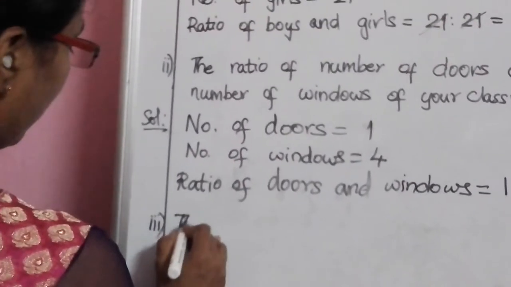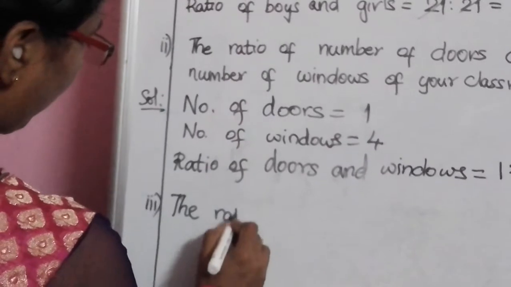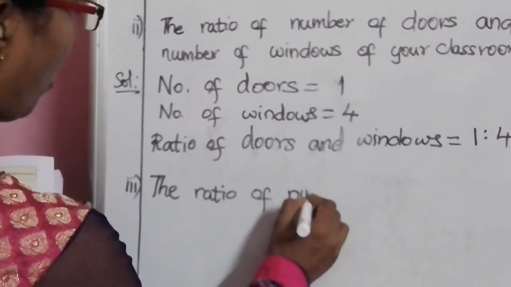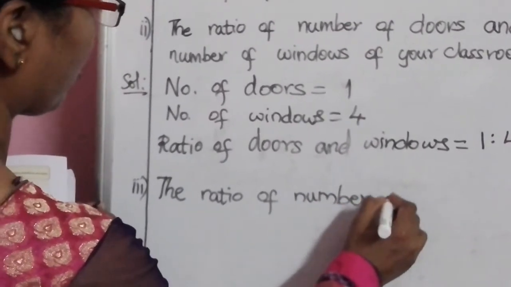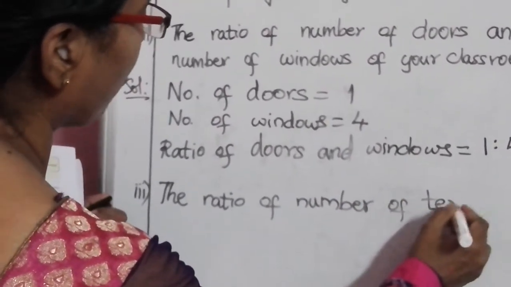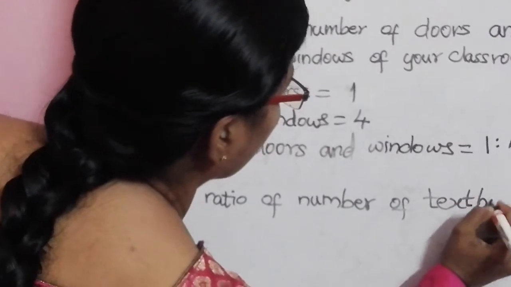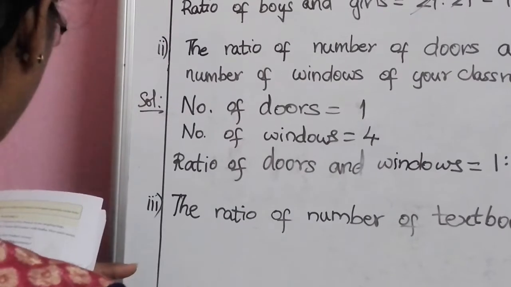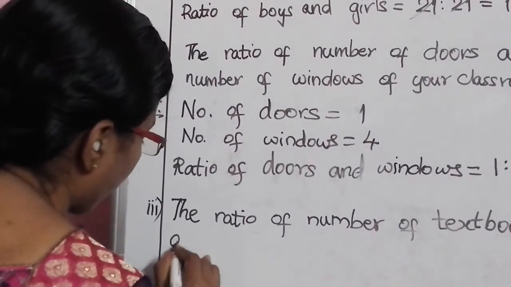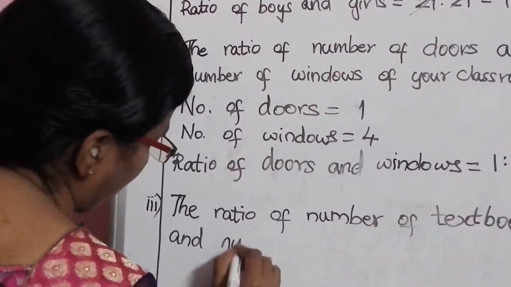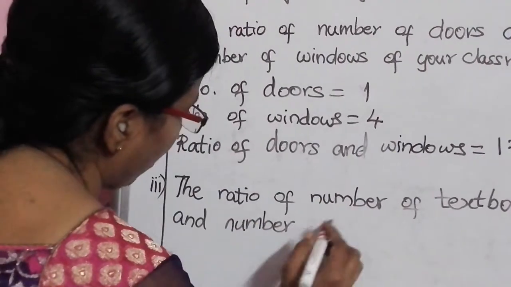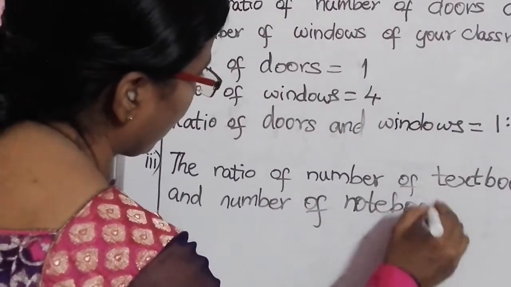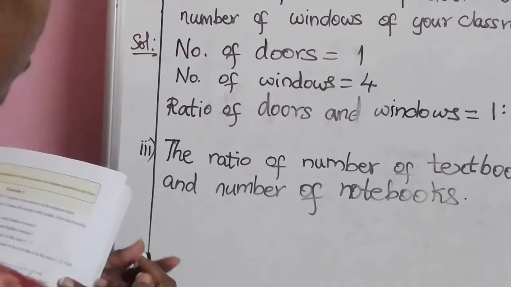Now let us write the ratio of number of textbooks and number of notebooks, this you need to find out.